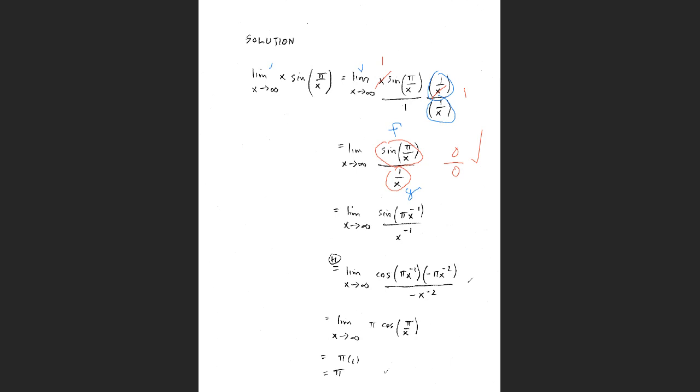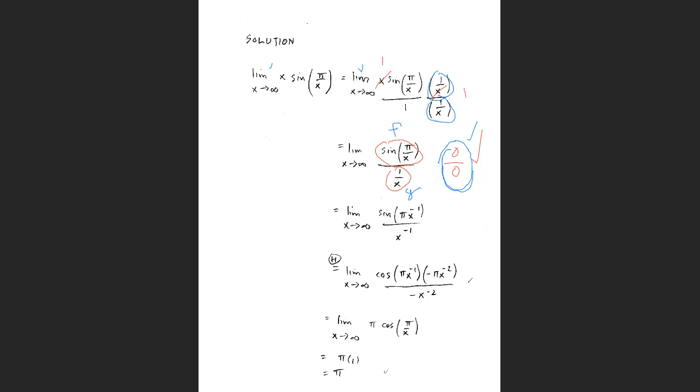Does the numerator approach 0 as x goes to infinity? It does. What about the denominator? Does it approach 0 as x goes to infinity? Yes, it does. So I have an indeterminate form that I can use L'Hopital's rule on.